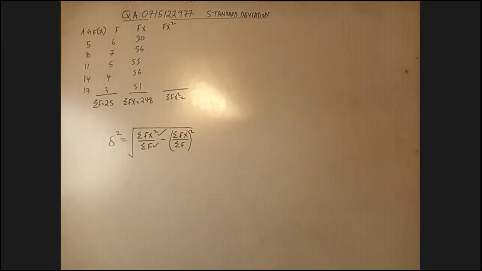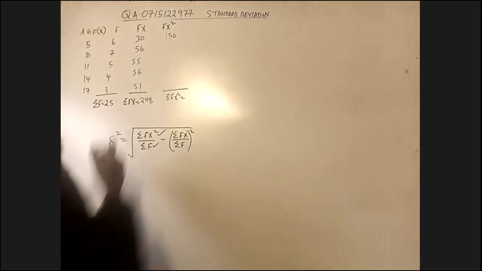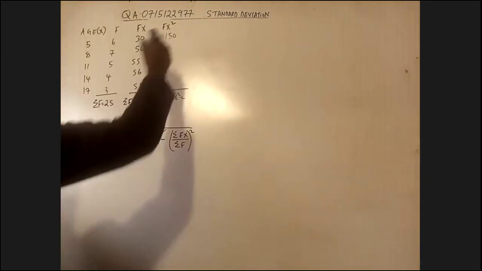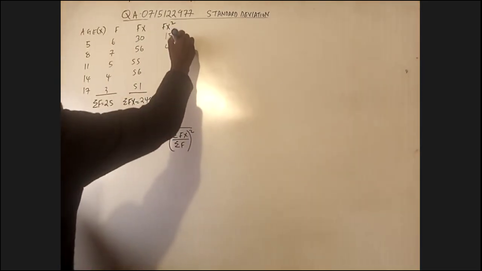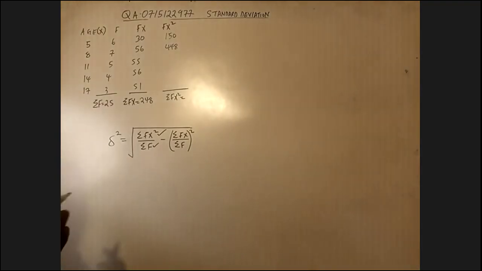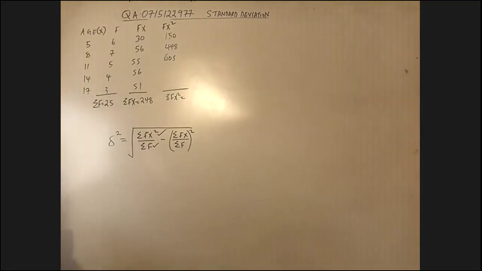It will be our f times x minus 5 squared. 150. 7 times 8 squared, 448. 5 times 11 squared, 605. 56 times 14 squared.